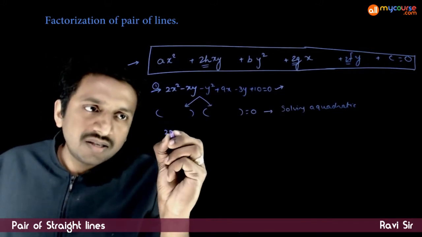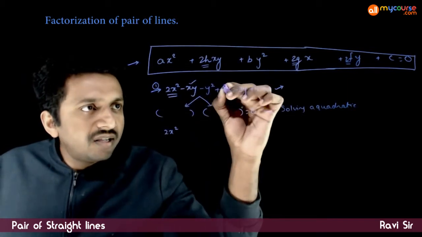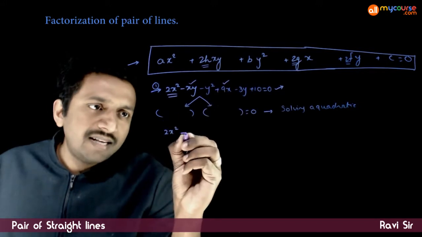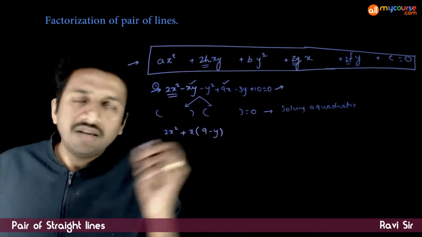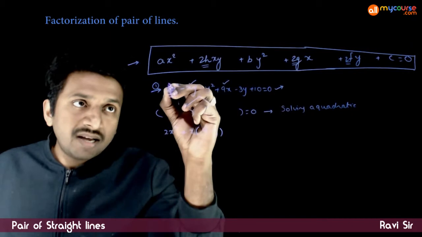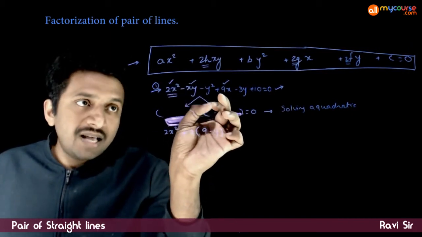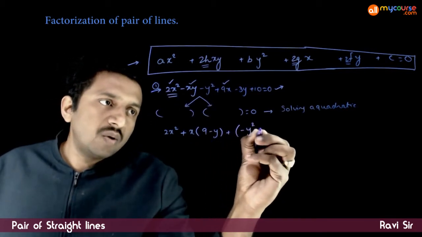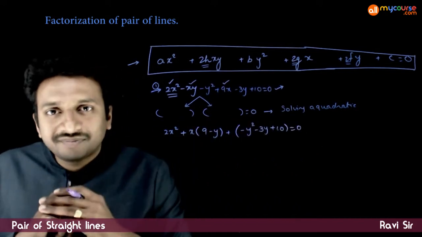You have 2x square, and you can see that you have x in both these terms, so I'll take x as common: plus x times 9 minus y, that is plus 9x minus xy. So 2x square has been written. I'll combine these two terms. So x times 9 minus y plus minus y square minus 3y plus 10 is equal to 0.